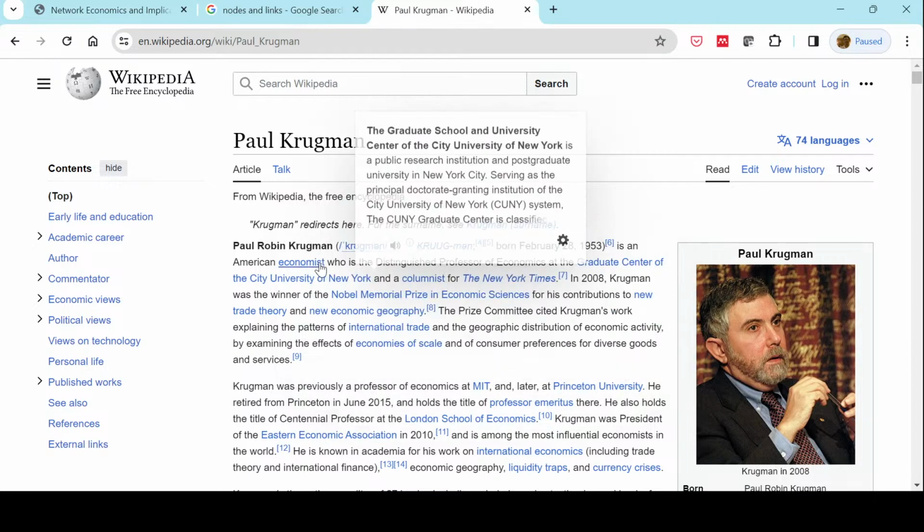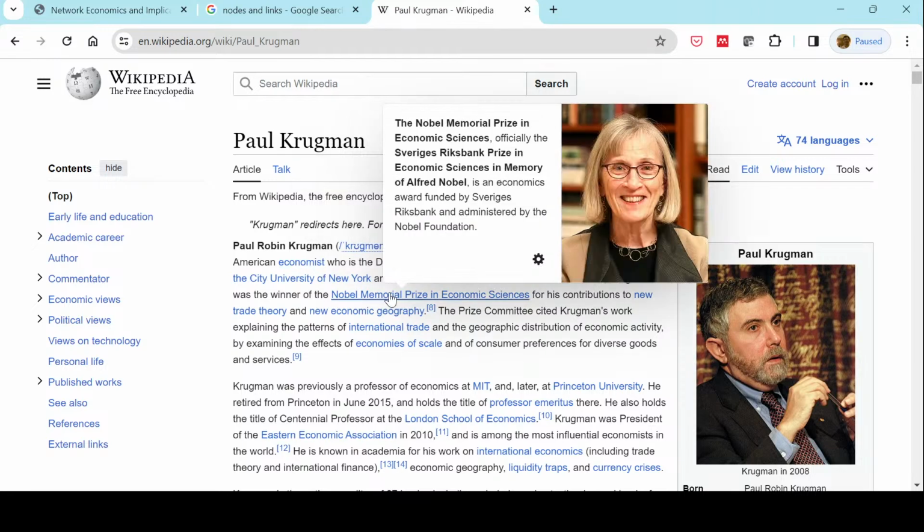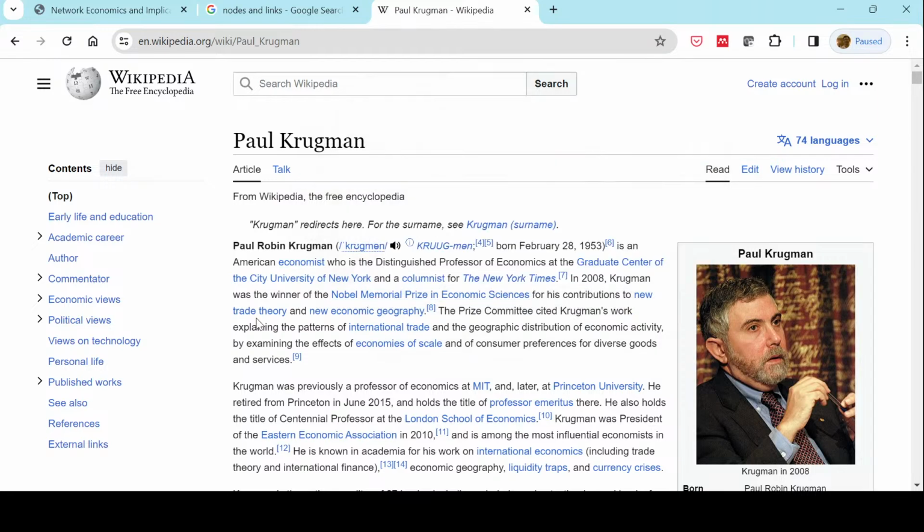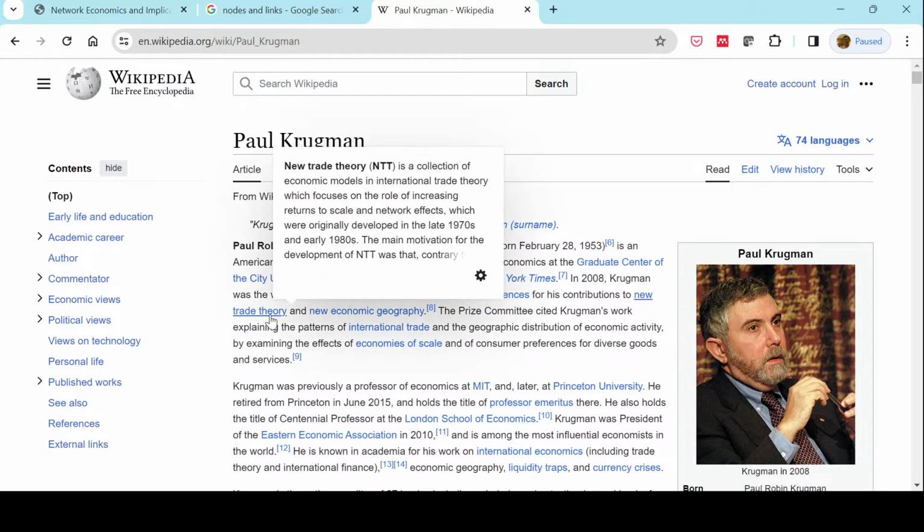Now he is working in New York at the university, also a columnist and a Nobel Prize winner. His theory is new trade theory and new economic geography, which I follow as well. Of course, I'm teaching international economics, industry, and international trade, and I also follow closely new economic geography.